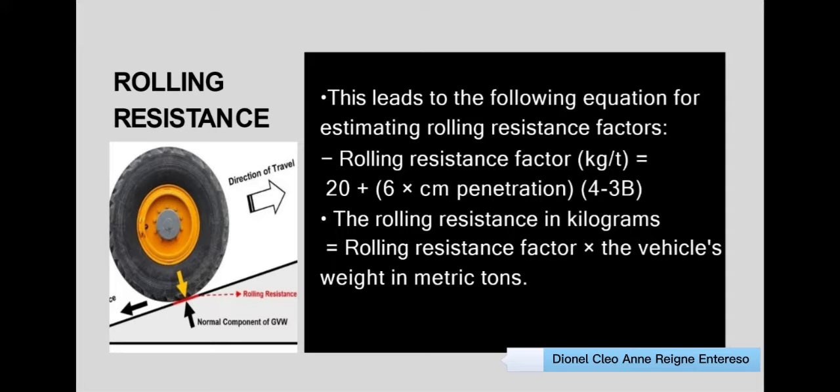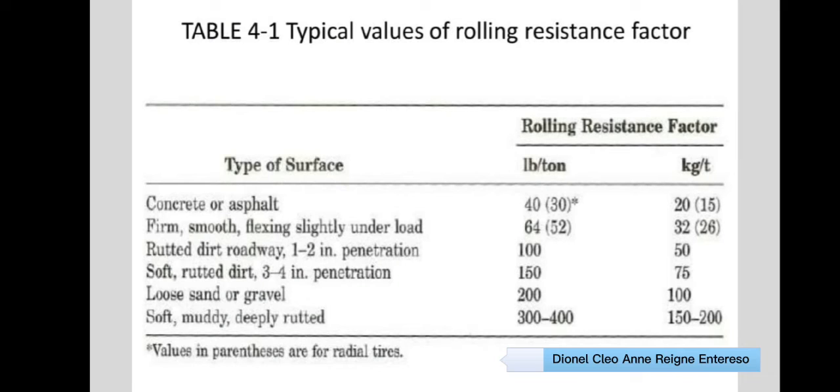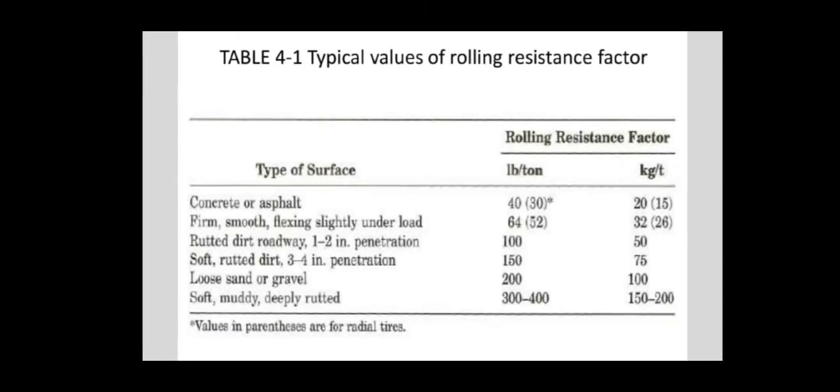Then the rolling resistance in kilograms is equal to the rolling resistance factor times the vehicle's weight in metric tons. This is Table 4.1, which shows the typical values for the rolling resistance factor in construction situations.